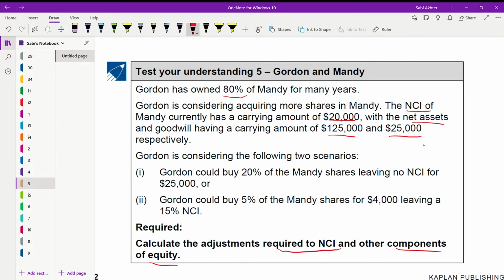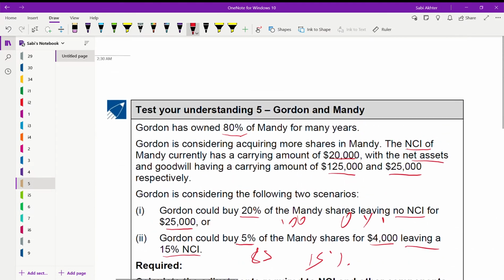So he could buy 20%, leaving no NCI for 25,000, or he could buy 5% for 4,000, leaving a 15% NCI. Because from 80 to 85 it becomes 85 and then NCI is 15%. But if he buys 20%, 80 plus 20, 100, no NCI. So now you have to calculate what is the adjustment.